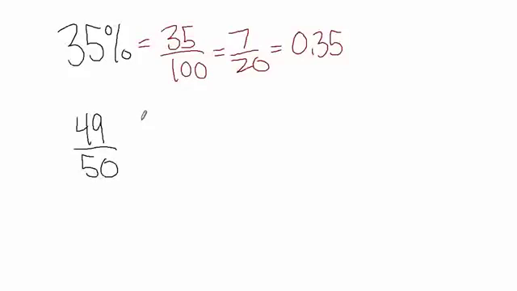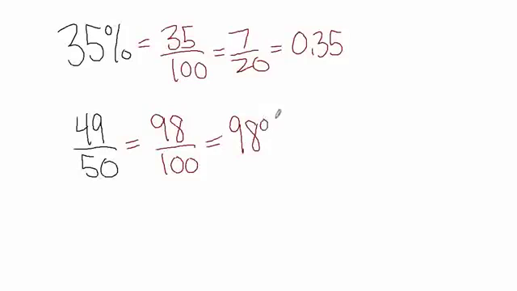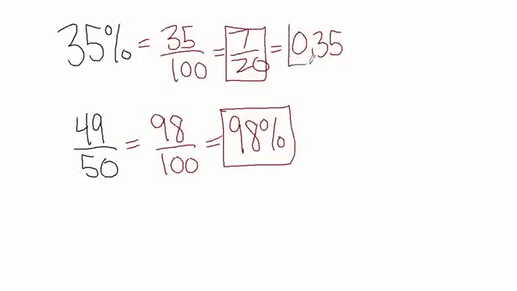To find the percent equivalent, we need to have 100 in the denominator. We can get that by multiplying the top and bottom by 2. And then I hope that helps you to see that that's equivalent to 98%, which is equivalent to 0.98.